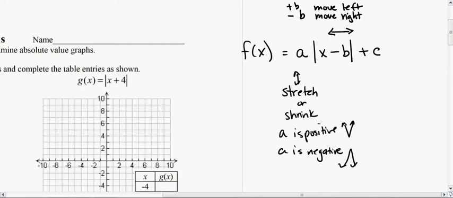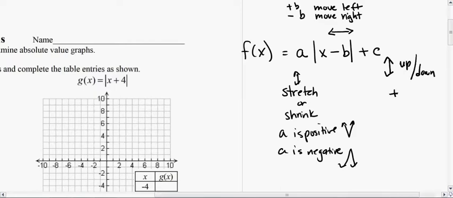And then the last number that changes the position of our graph is the C, the number we're adding or subtracting at the very end of the equation. The C is in charge of moving our graph up and down. So the C moves the absolute value graph up or down.